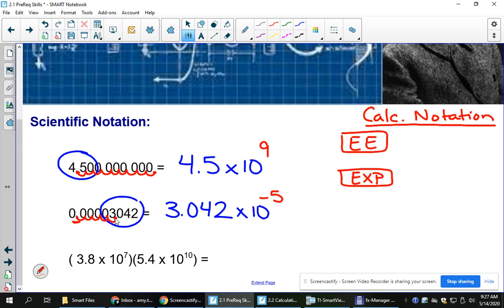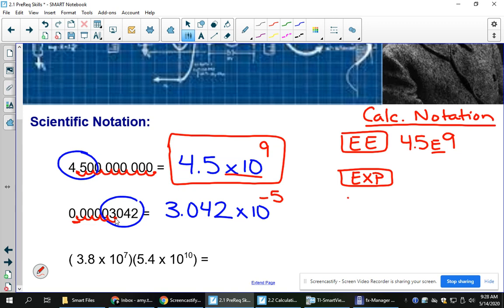When your calculator screen said 4.5 E9, that is something that I will never see written on a piece of paper. That is only a calculator notation. That is not proper scientific notation. Proper scientific notation looks like this. You put times 10 to the power of 9. Okay? This little e is just what your calculator does. It's just a calculator shortcut.